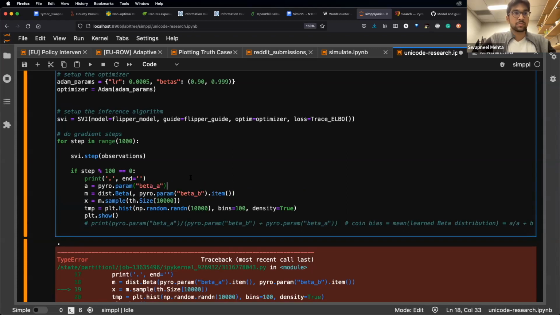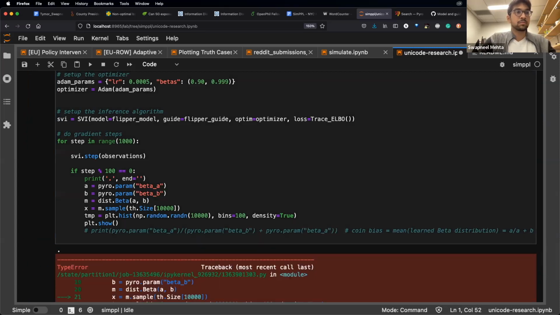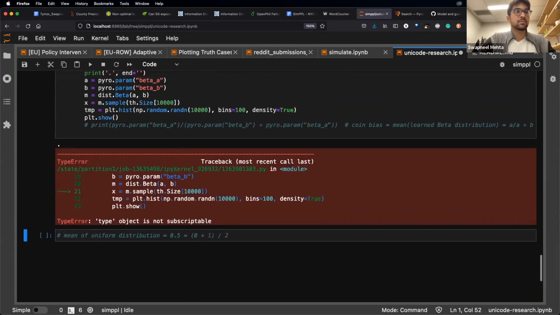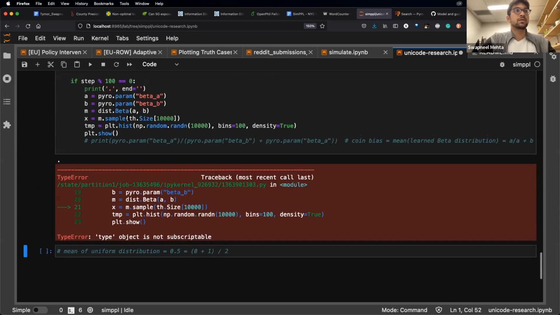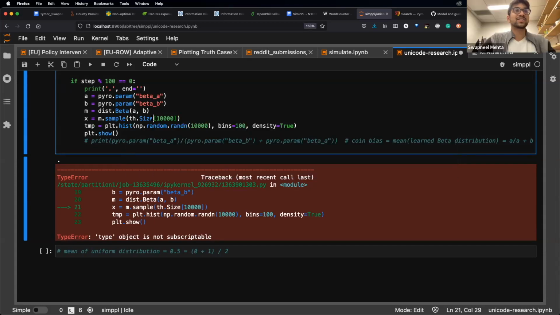A is equal to pyro.param beta A, B is equal to pyro.param beta B, and B. I'm missing something. What am I missing? It is showing that you need to index it. Shit.